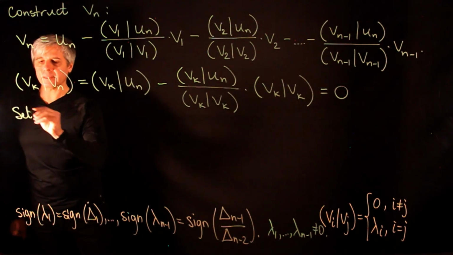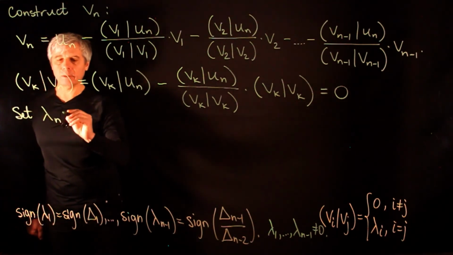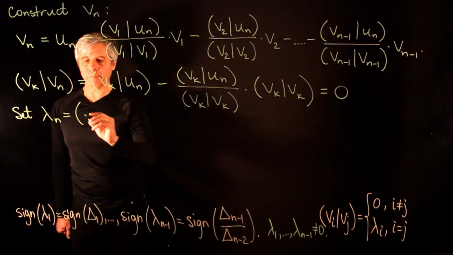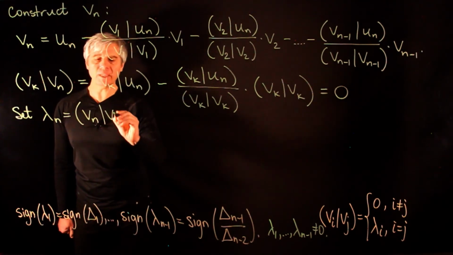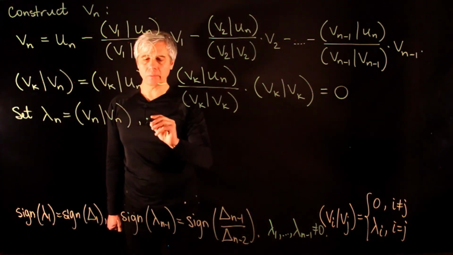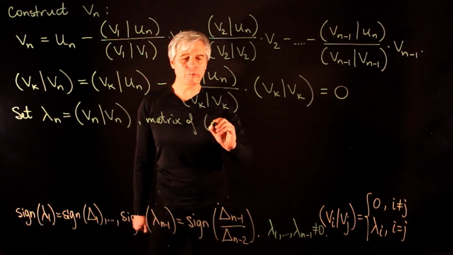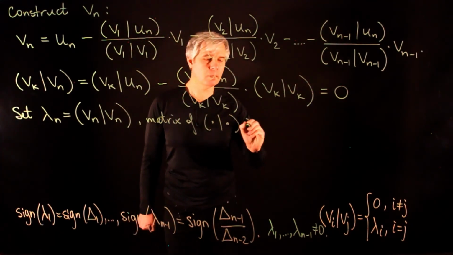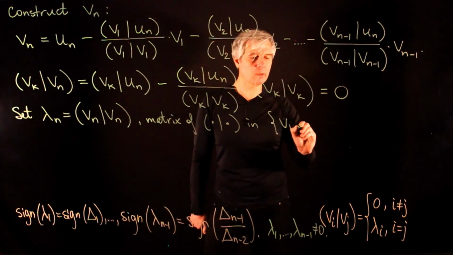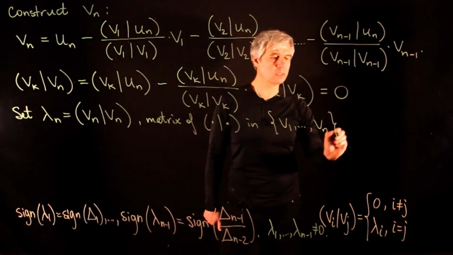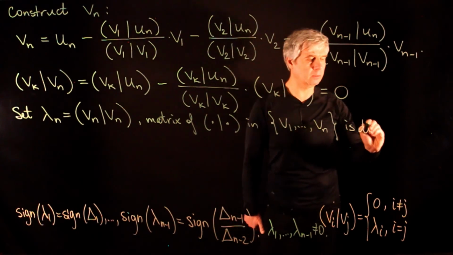Then we set lambda n to be the value of (Vn, Vn), and then we see that the matrix of the bilinear form in basis V1 through Vn is indeed diagonal.